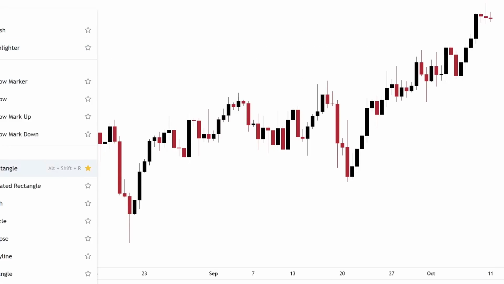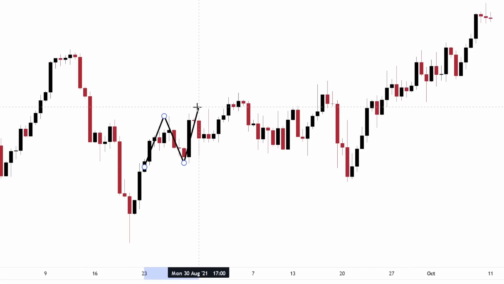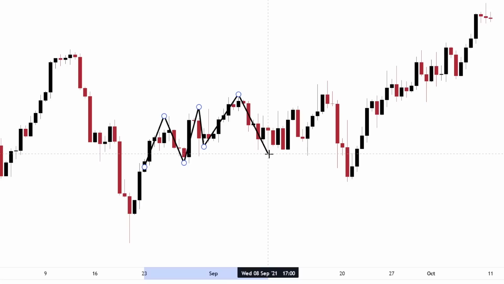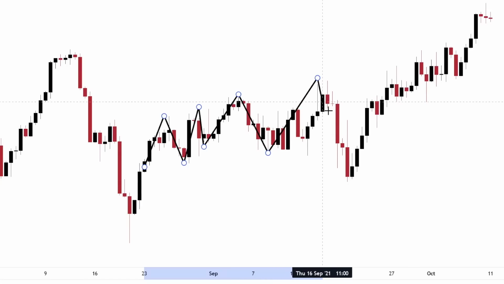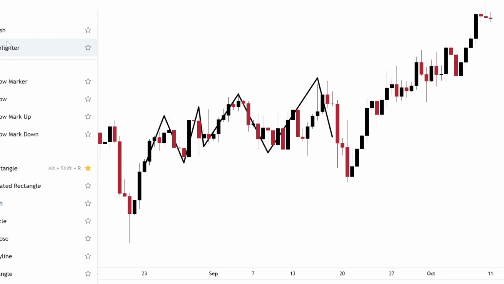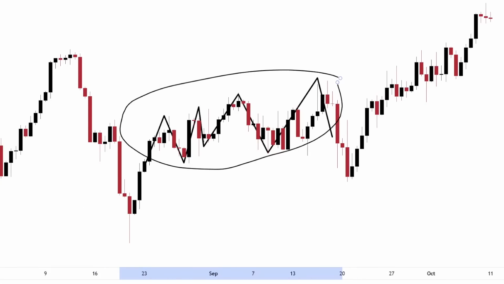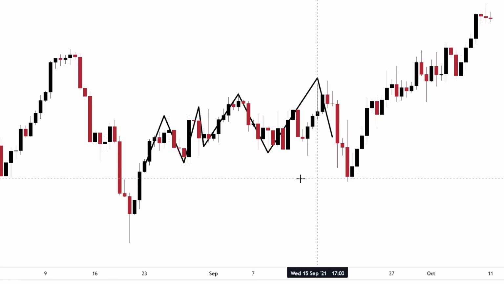Take a look at this example. Price made a high, came back, made another high, made another higher low, and made another high. So up to this point, you would think that the trend is bullish. You can confirm the trend being bullish. What does price do?